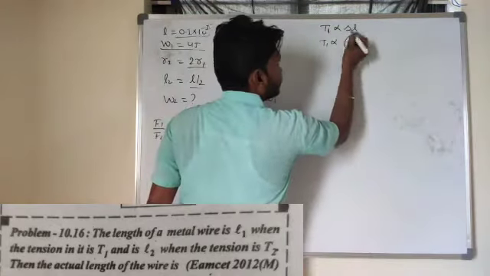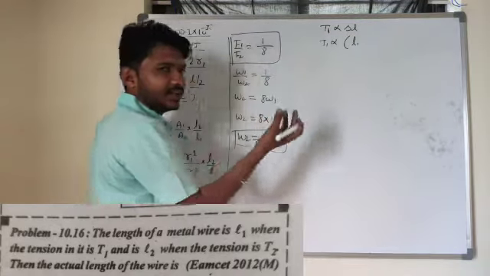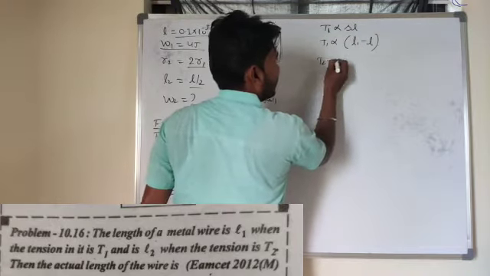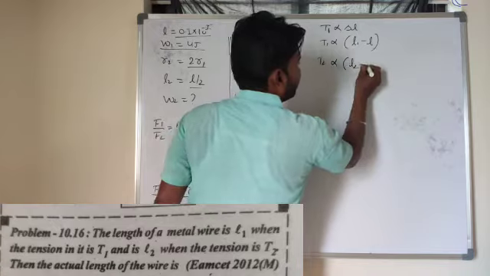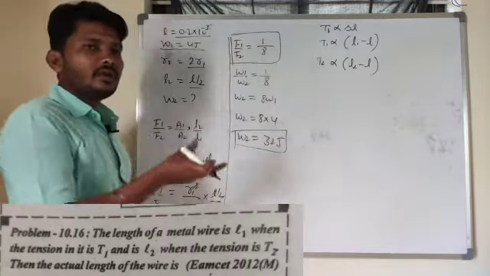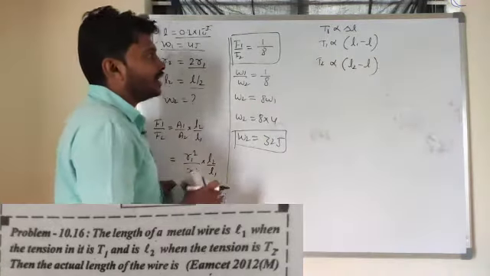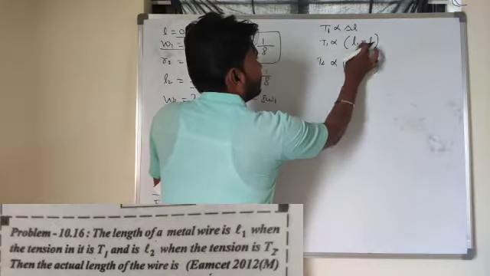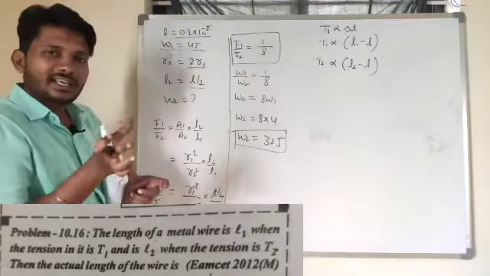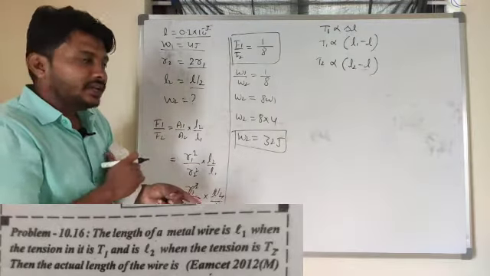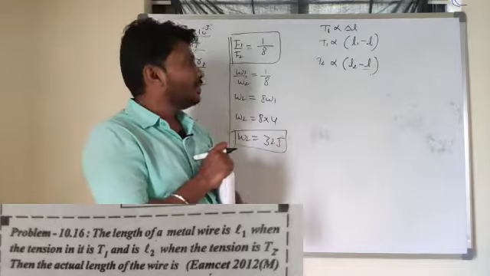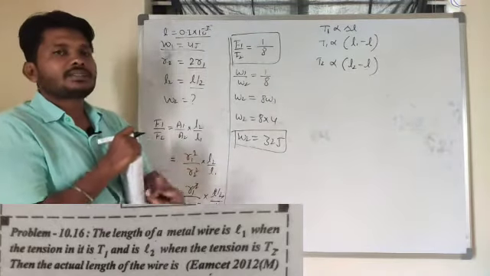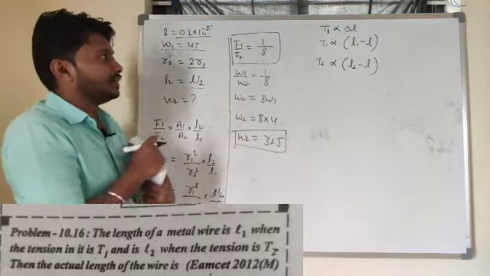L1 minus L, final minus initial. Similarly, for the second wire, length L2 minus L. So this is the change in length relative to the original length, L2 minus L and L1 minus L. Hope you understand. L means original length. If tension T1 is applied, its length is L1. If tension T2 is applied, its length is L2. If the tension or force is not applied, that is the original length of the wire.